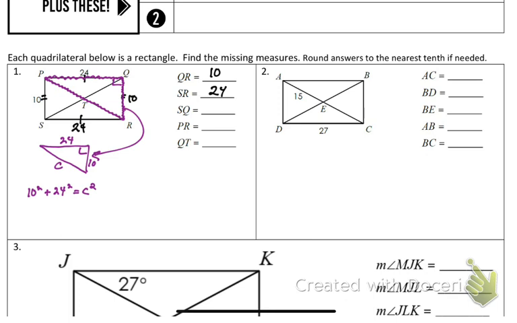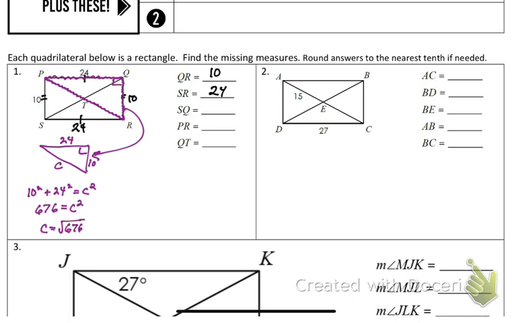I know some of you like to take the whole time, but you might also run out of time on a test. What does that equal? 676. I would not piecemeal that. I would just plug in 10 squared plus 24 squared. Now, we know C equals the square root of this.